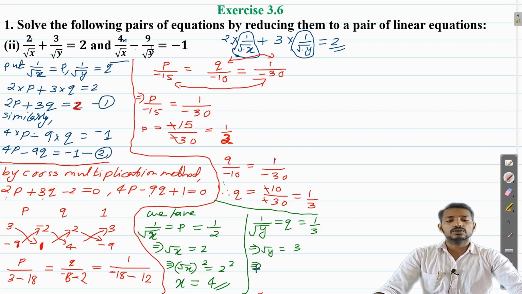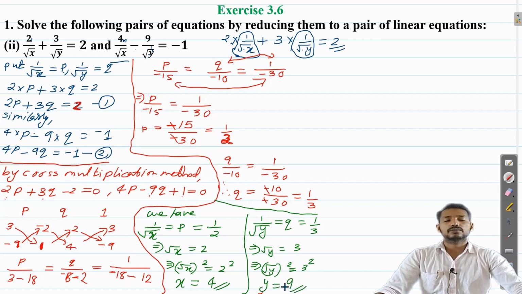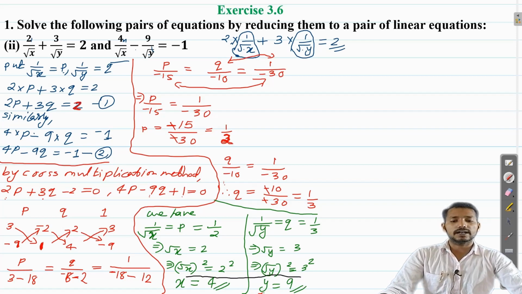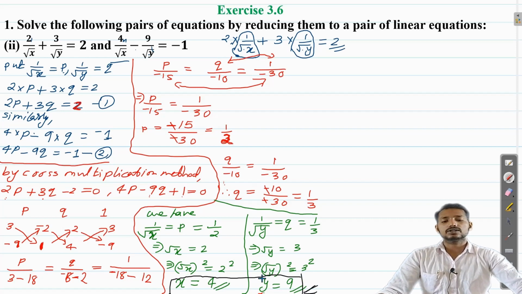Squaring on both sides, root y whole square is equal to 3 square. Root y whole square is y, and 3 square is 9, so y is equal to 9. So this is the solution of these two equations, that is x equal to 4 and y equal to 9.